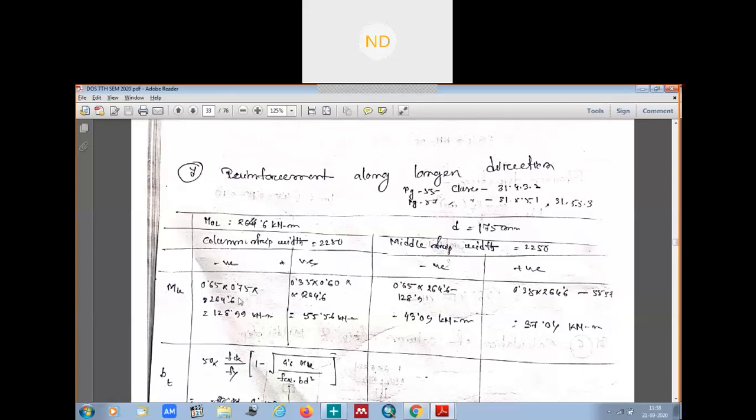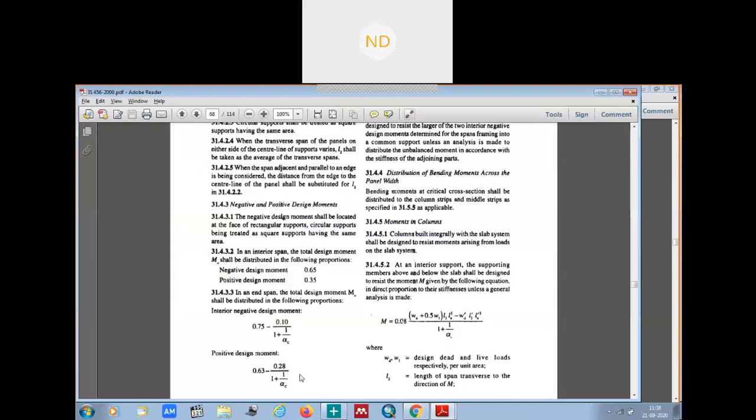Okay, so here, what is the 0.65? For that you have to go to page number 55, this clause, for the negative and positive design moment. Here, in an interior span, the total design moment MO shall be distributed in the following proportion. That means for the negative design moment it is 0.65, and for the positive design moment it is 0.35.